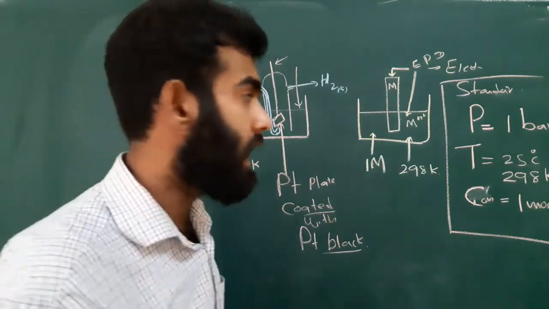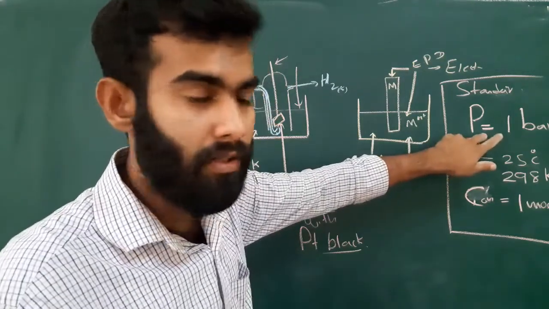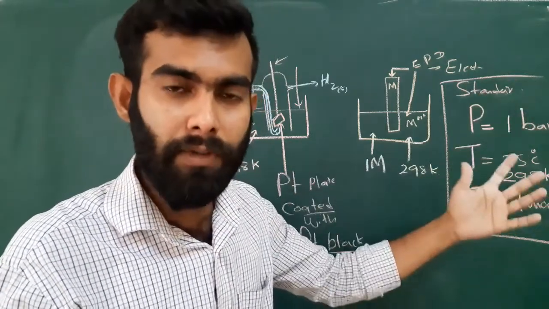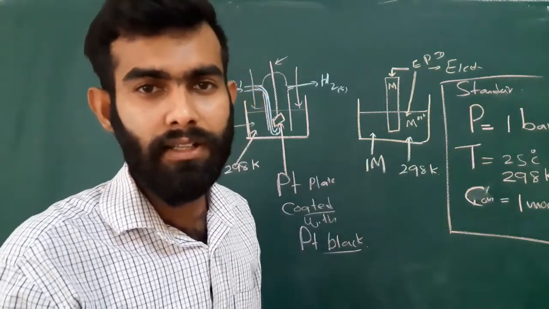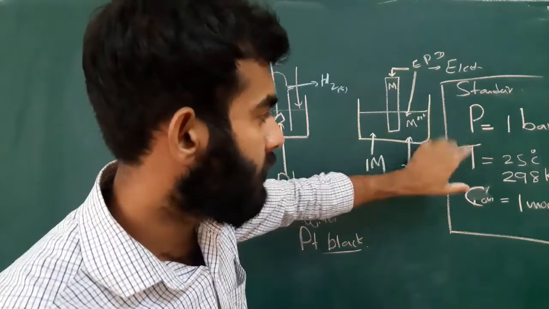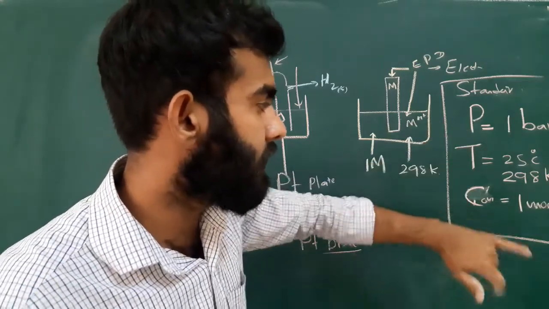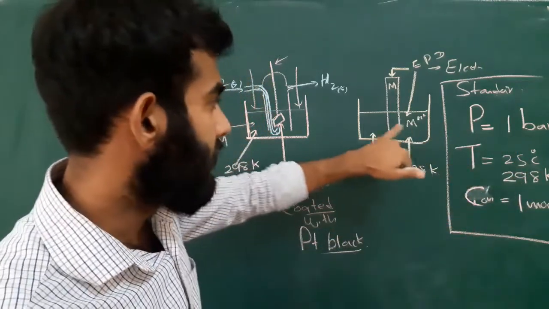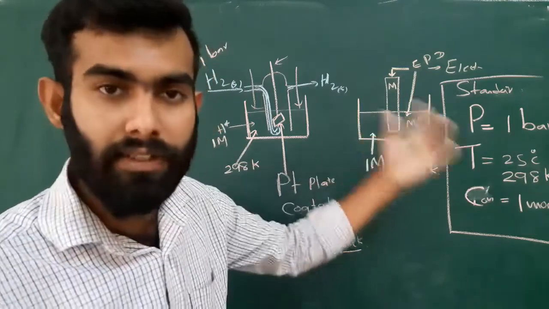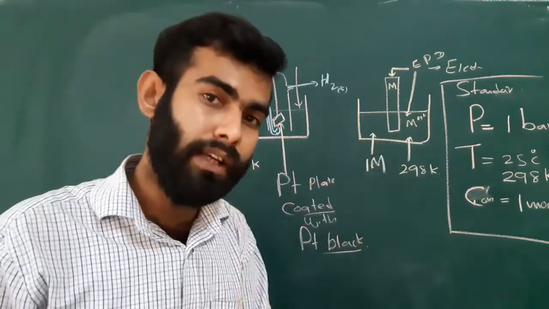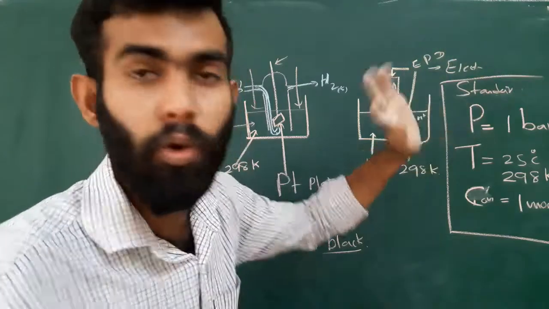In solid and liquid phases we do not consider the pressure. The other two parameters, temperature and concentration, should be at standard values in liquid and solid containing systems. However, if you are using a gas, you have to consider pressure also.